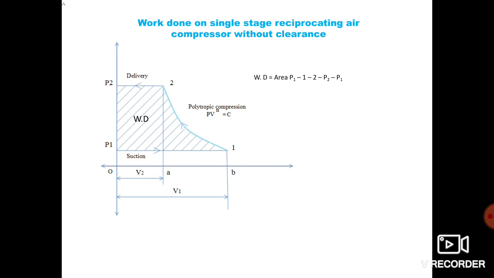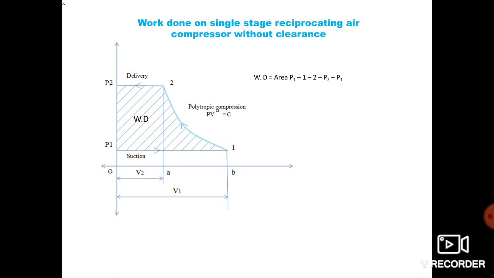The second part we have considered is A, 2, 1, B and A. Here we are considering only the area, not the processes. Minus area O, P1, 1, B, O, which is another rectangle.